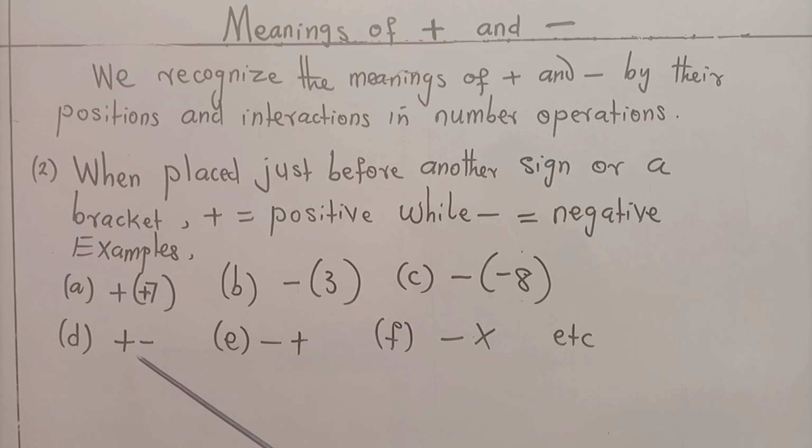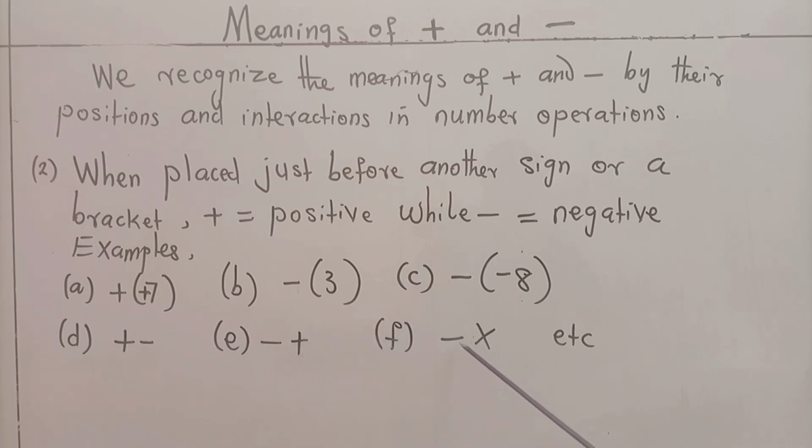But whatever it is, this plus is actually commanding this minus to continue being what it is. So despite the fact that we don't have a bracket before this, this plus is positive, and this minus could be owing. Likewise here, this minus is negative, and this plus is owing, is having.